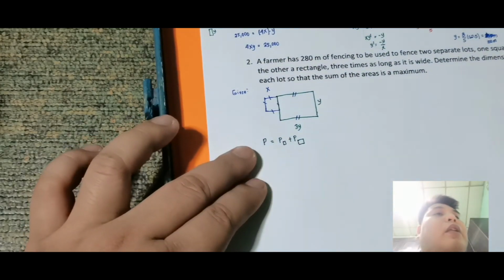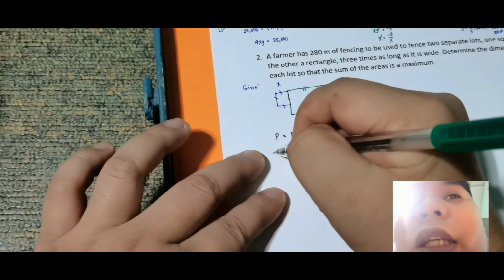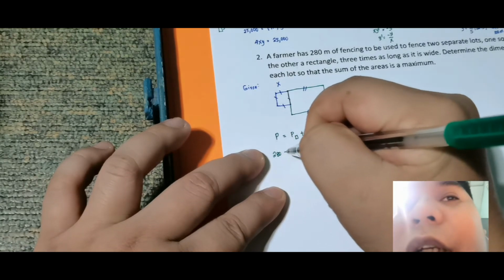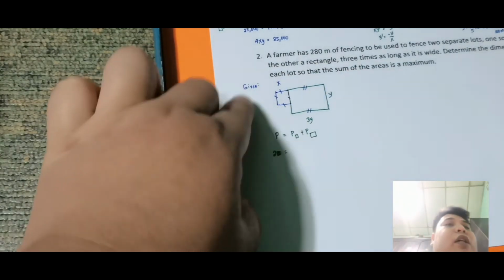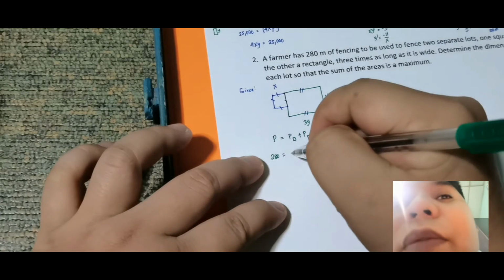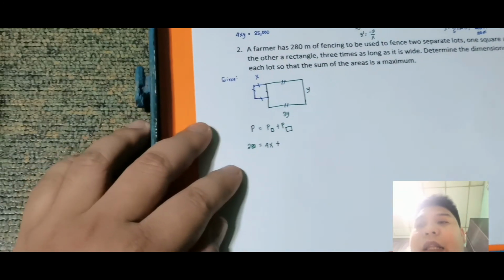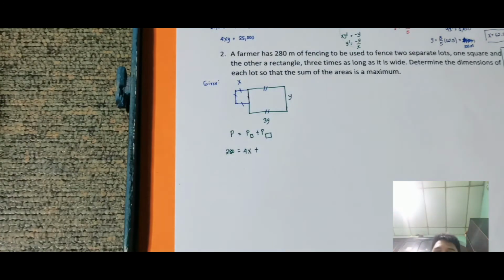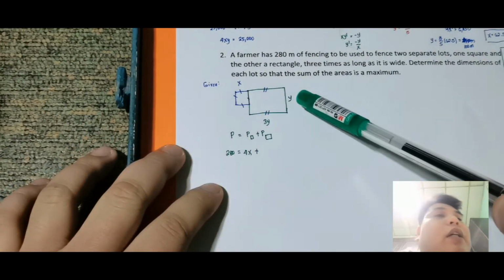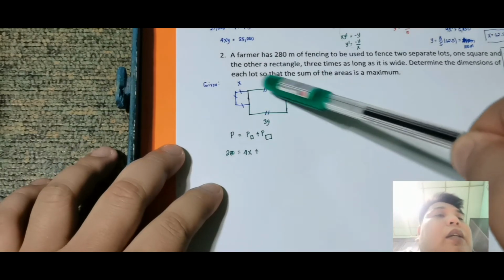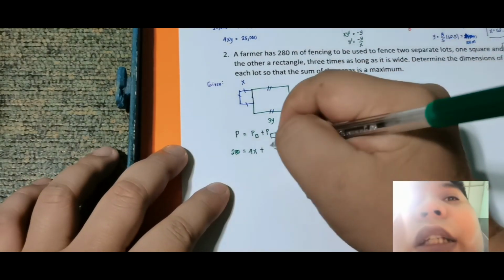Okay, so yung perimeter ng fencing natin is 280. Perimeter ng ating square is 4x. Perimeter ng ating rectangle is 3y plus y plus 3y plus y, that is 8y.